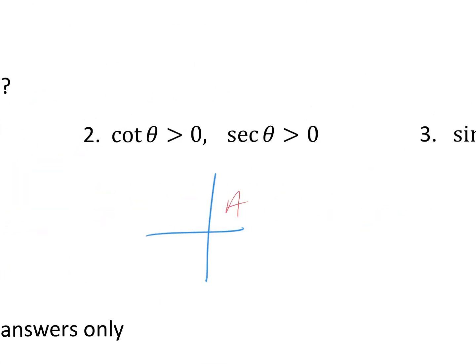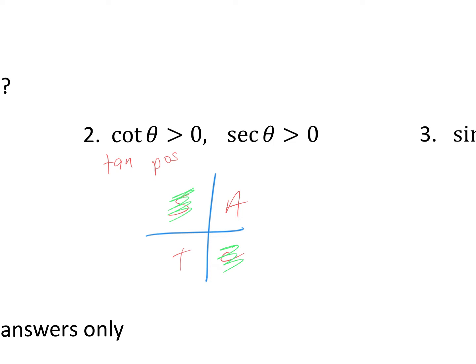If I look at number 2, same thing. All students take calculus. My first statement says cotangent, which is also what? Tangent, is greater than 0. What does greater than 0 mean? Positive. So where are cotangent and tangent positive? What 2 quadrants? 1 and 3. So I'm going to cross off 2 and 4.